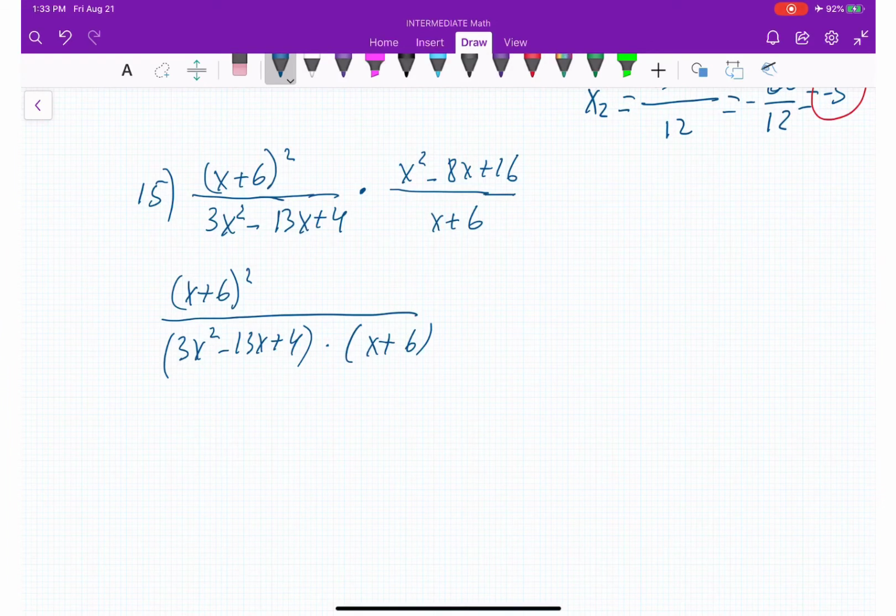How much will we get? It's going to be x minus 4, perfect square, right? X squared minus 8x plus 16 is equal to x minus 4 squared, perfect square.